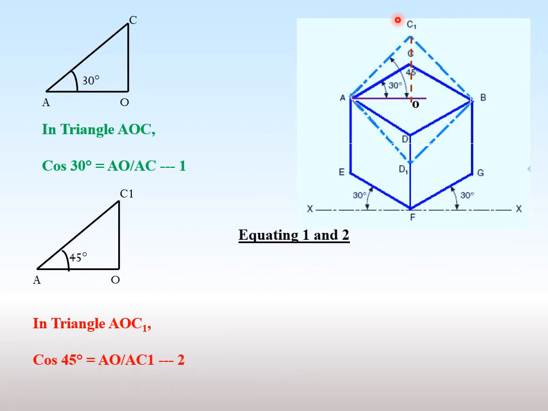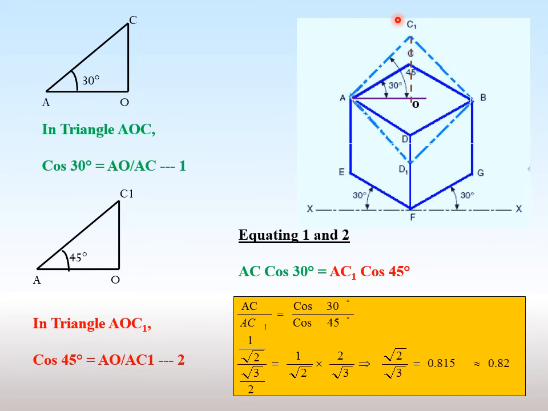Equating these two equations will give the value of AC divided by AC1, which is cos 30 divided by cos 45. We know the values for cos 30 as well as cos 45. Substituting the values in this equation, we will get a value of 0.815, which is approximated as 0.82. This 0.82 is nothing but the representation factor for isometric scale.